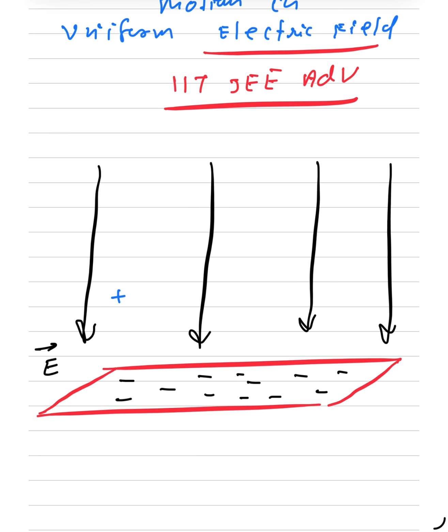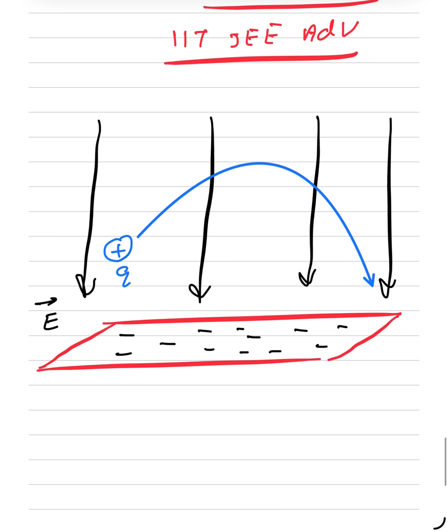Suppose a positively charged particle, plus q charge, is projected like this. In this situation, calculate the time of flight, range, and all parameters of the projectile motion.